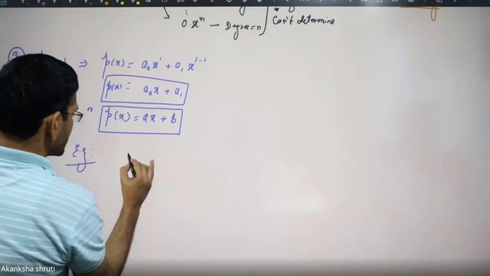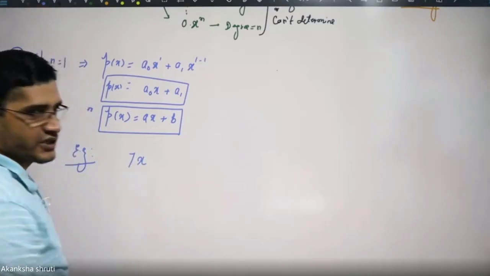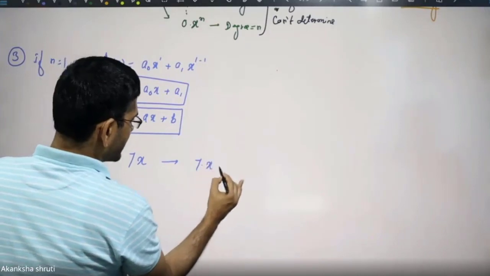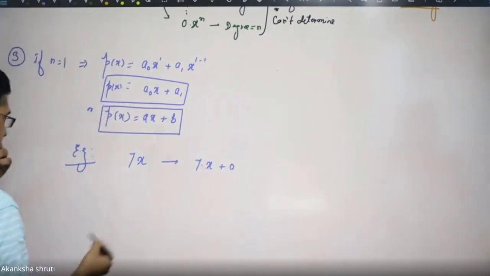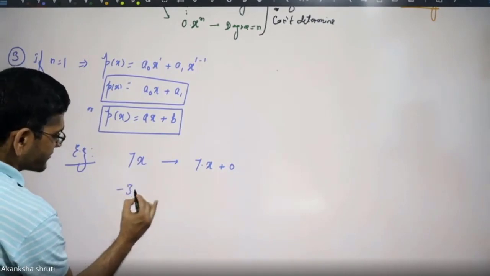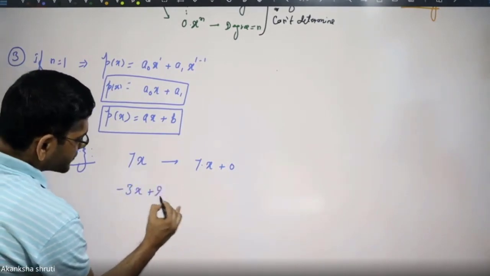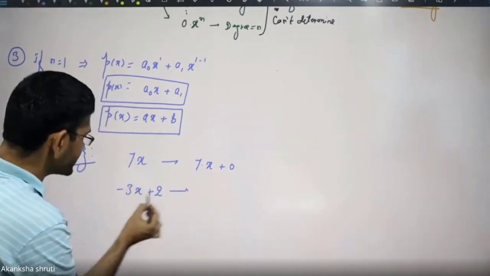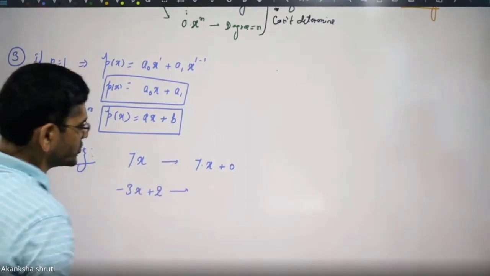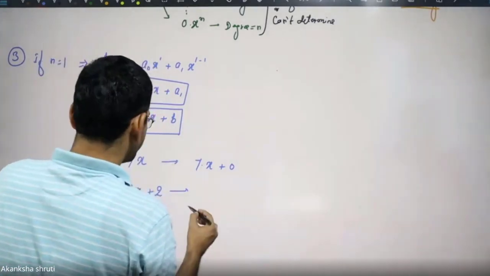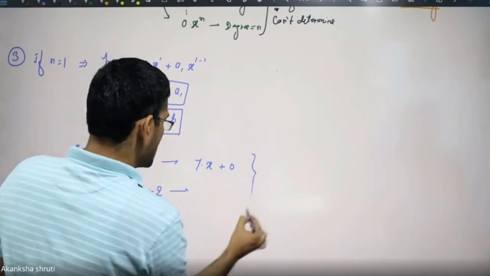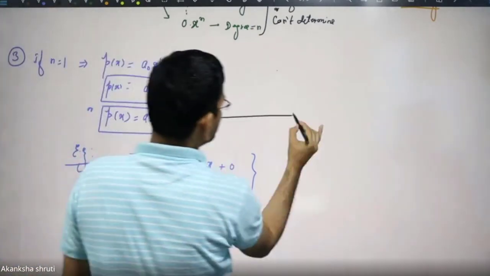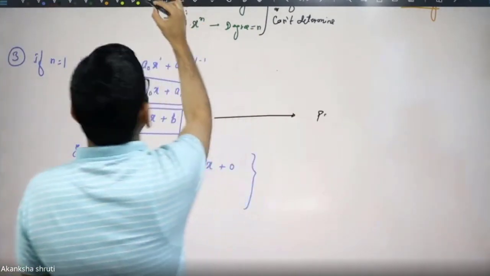If I write 7x, it follows the condition: 7x plus 0, the constant is 0 only. If I write minus 3x plus 2, yes, it is in the form ax plus b. a is minus 3, the constant b is 2. Such polynomials are called linear polynomials.